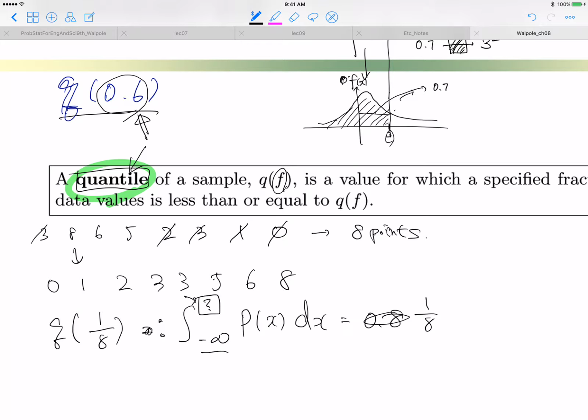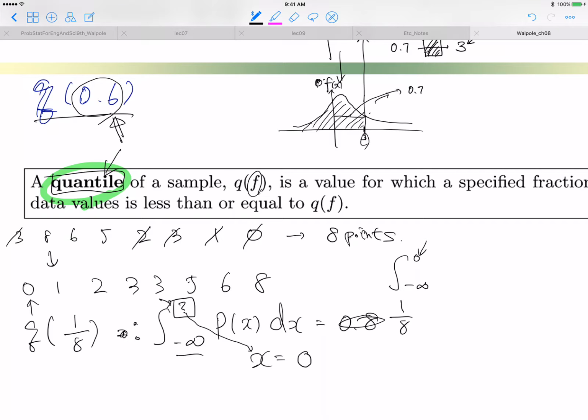Okay. So in this case, what will be such a value in this place? In this case, it will be 0, because if we consider this integral inclusive, so we include the 0, then from this sample, this cumulative function value will be 1/8.